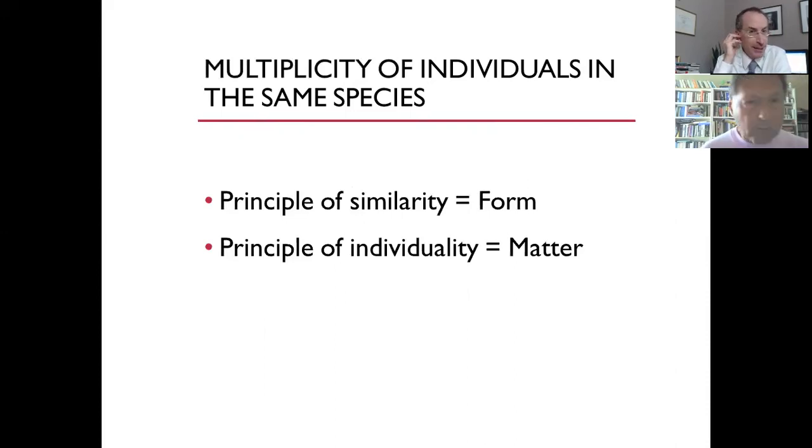Now, this already is going to be a very controversial terminology, and it was controversial even among the Aristotelian scholastics, and that gave rise to a lot of disputes among the Aristotelians as to whether the principle of individuality was really the same matter that we use to explain the principle of continuity in a change.